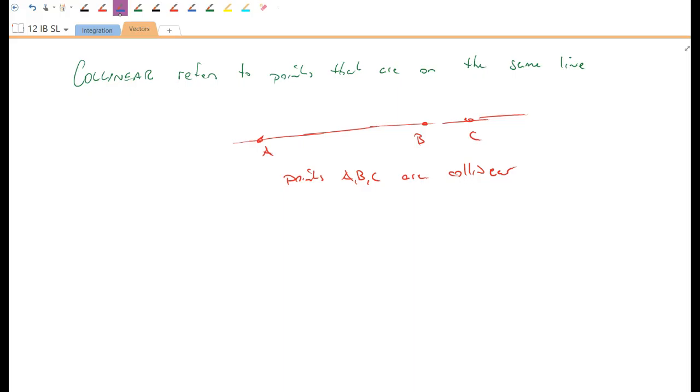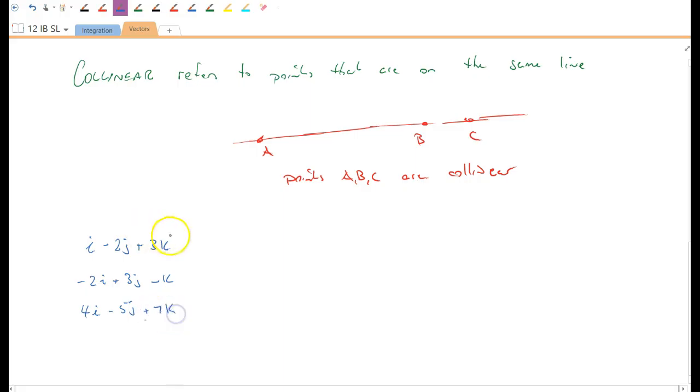On page 417, we've got i minus 2j plus 3k, that's vector 1, minus 2i plus 3j minus k, that's vector 2, and 4i minus 5j plus 7k.